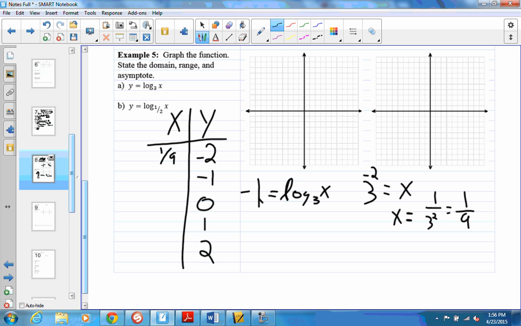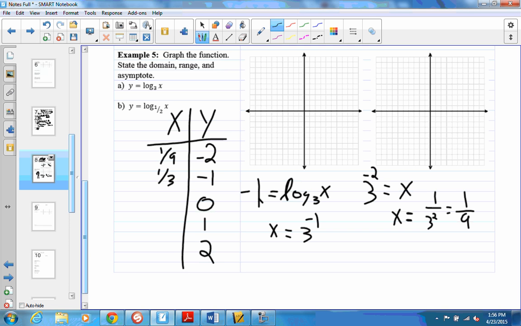Rewrite -1 equals log base 3 of x in exponential form. I'm hearing some 1/3, right? This is asking me x equals 3 to the -1st power. So x equals 1/3. Good.